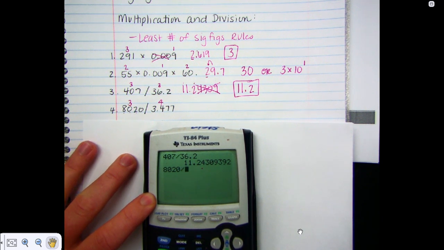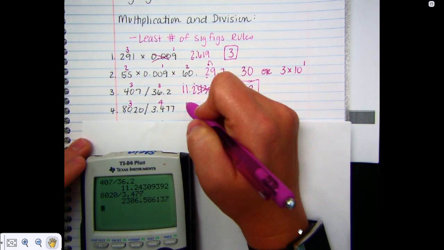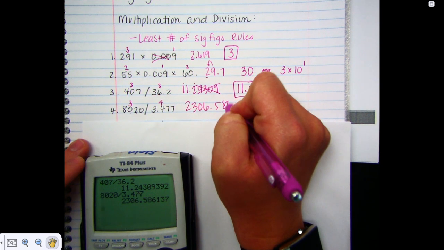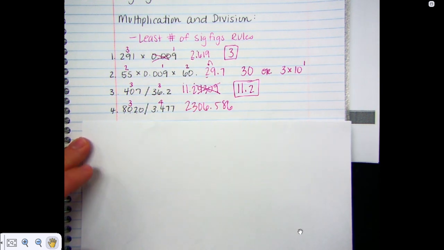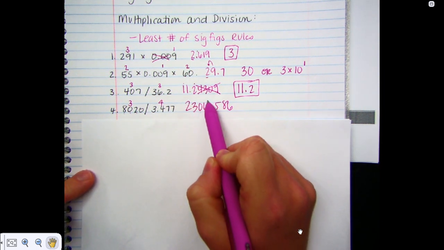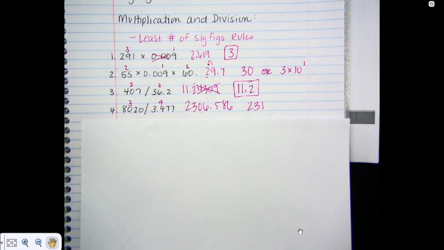So 8020 divided by 3.477 gives me 2,306.586. All right, so again, I need 3 sig figs. 1, 2, 3, the 6 rounds. Now, is my answer 231?